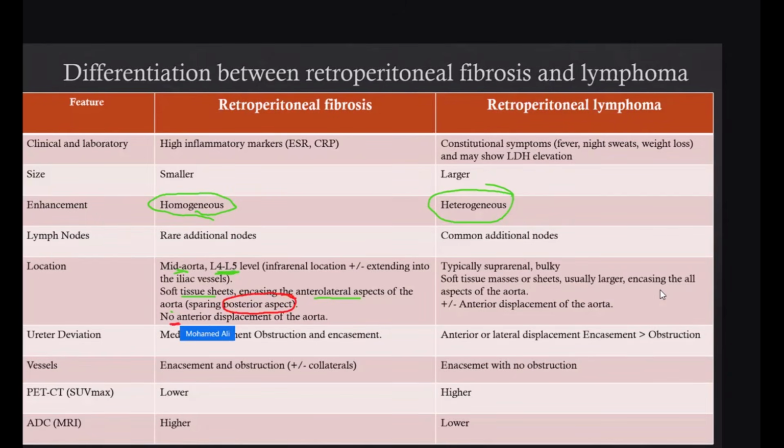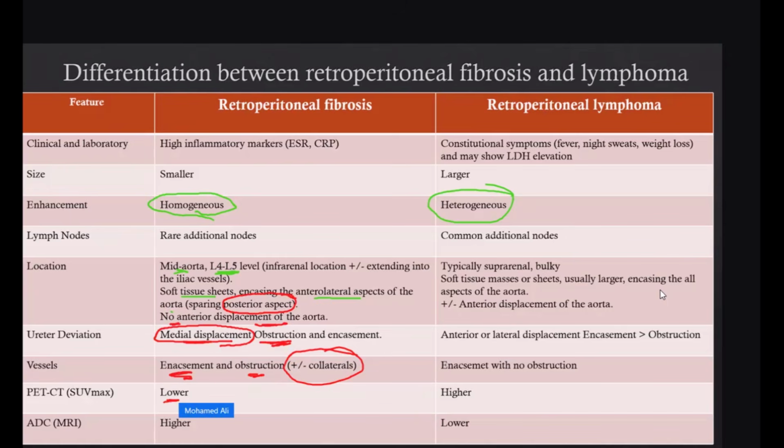No anterior displacement of the abdominal aorta. It encases but does not obstruct the ureters, so it can cause medial displacement of the ureters, but it will not obstruct the ureters. It can cause encasement and obstruction of the venous channels with secondary venous collaterals.